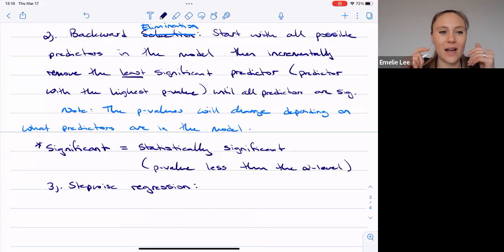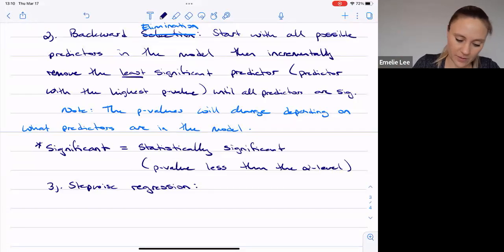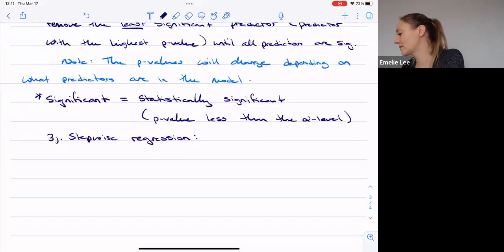I'm pretty sure it starts with forward selection, and then as you add predictors, you also eliminate. I have to confirm, but I've already had to issue one erratum, so I'll check.